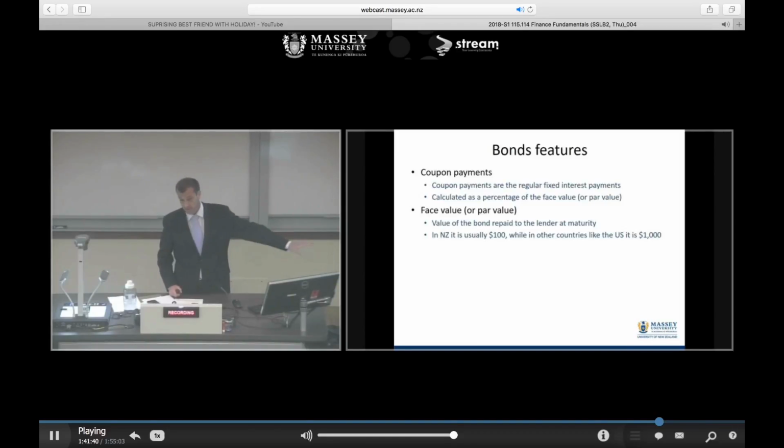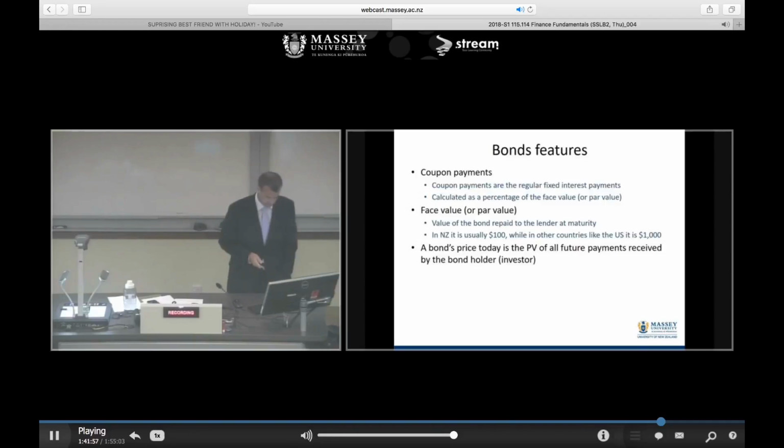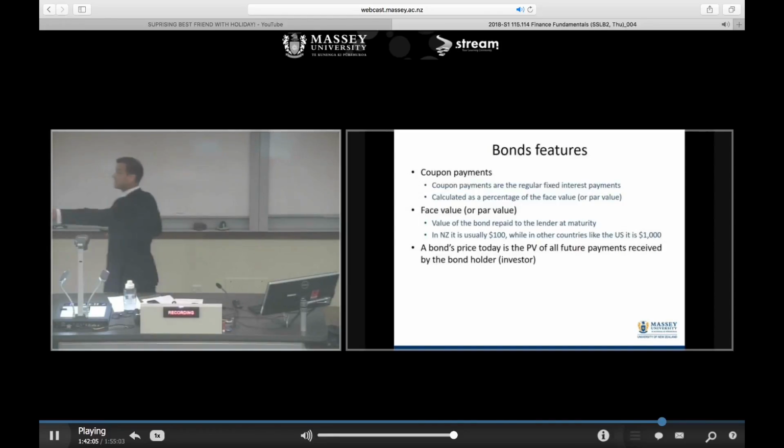Chuck some money in the bank, it gives you some interest, and then when a term deposit matures, you get your money back. So a bond's price today is the present value of all future payments received by the bondholder or the investor. And that's how they're valued. You're simply working out the cash flows that you would get as a bondholder and then applying those present value formulas.